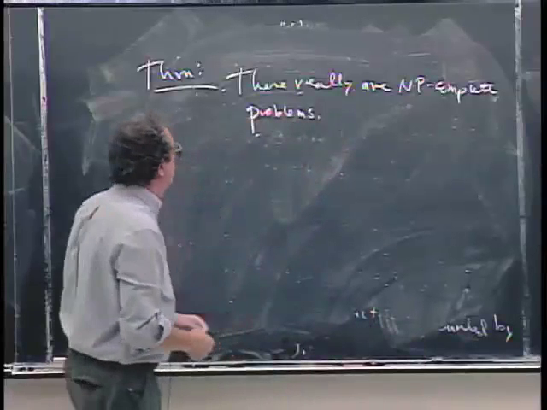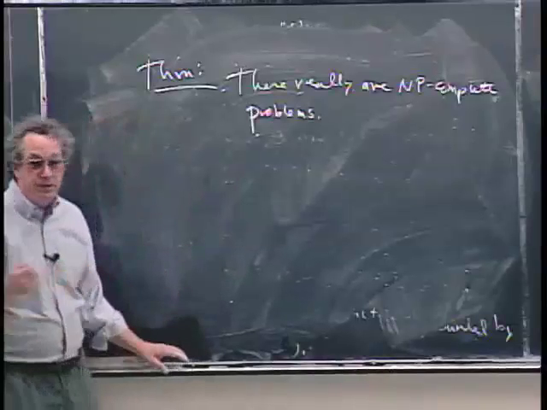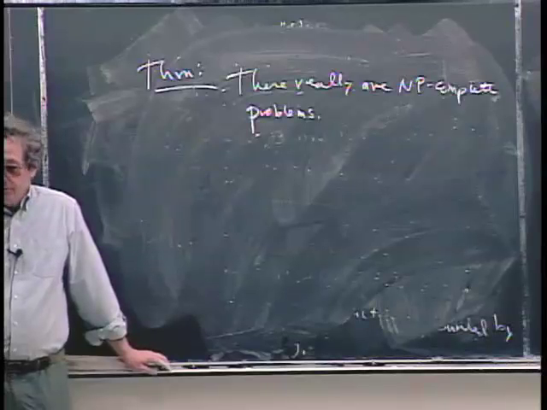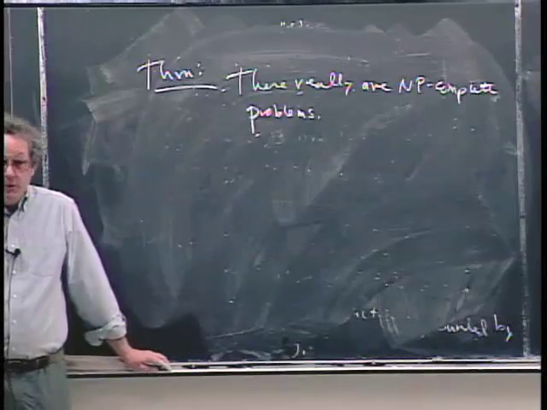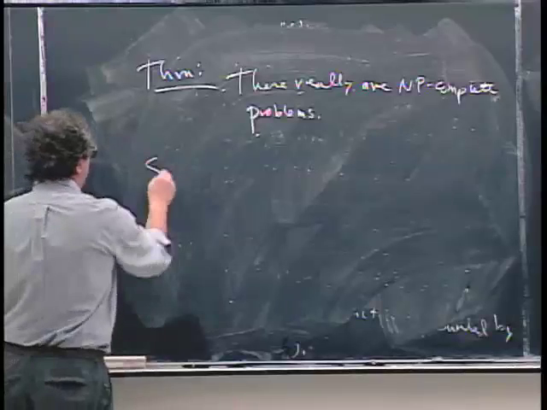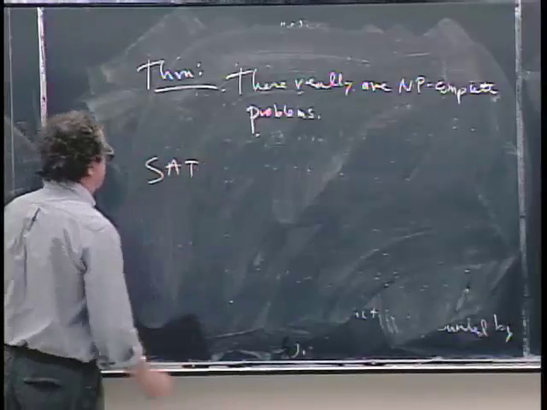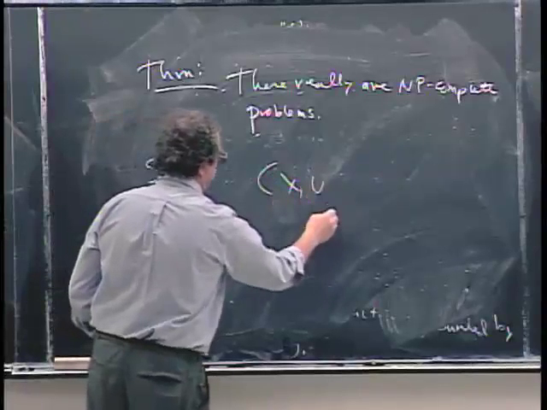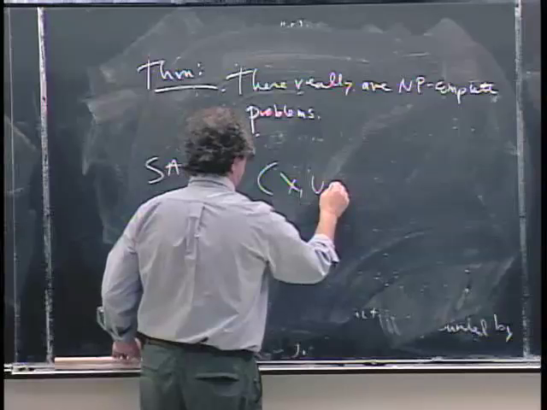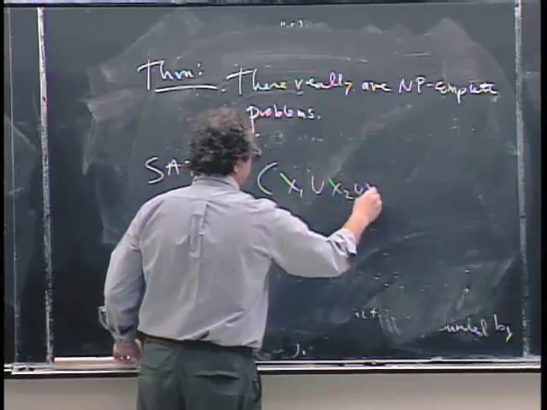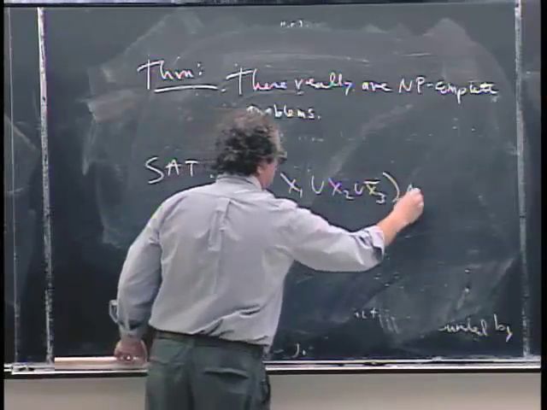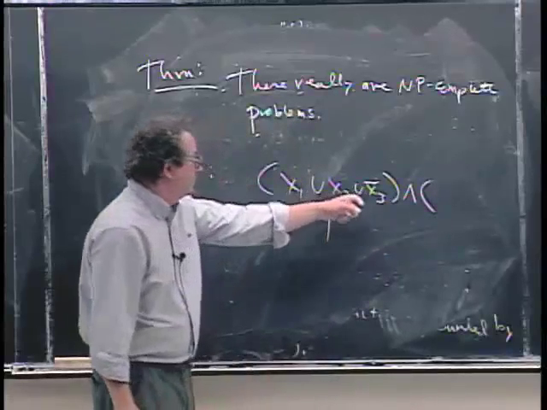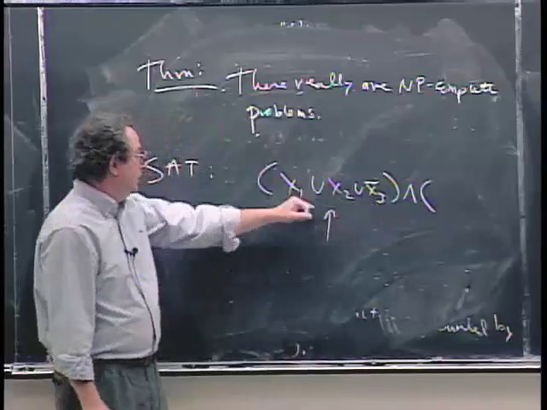And the one that the book proves, and historically is the first one that was established, where the book proves that the problem is NP-complete from scratch, is this problem SAT. And in SAT you have a number of clauses. Inside a clause, you have literals, which are connected by ORs.